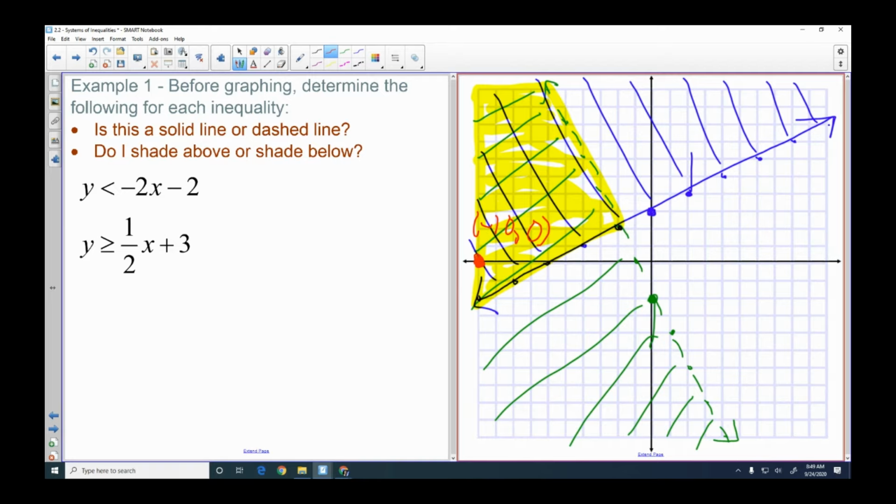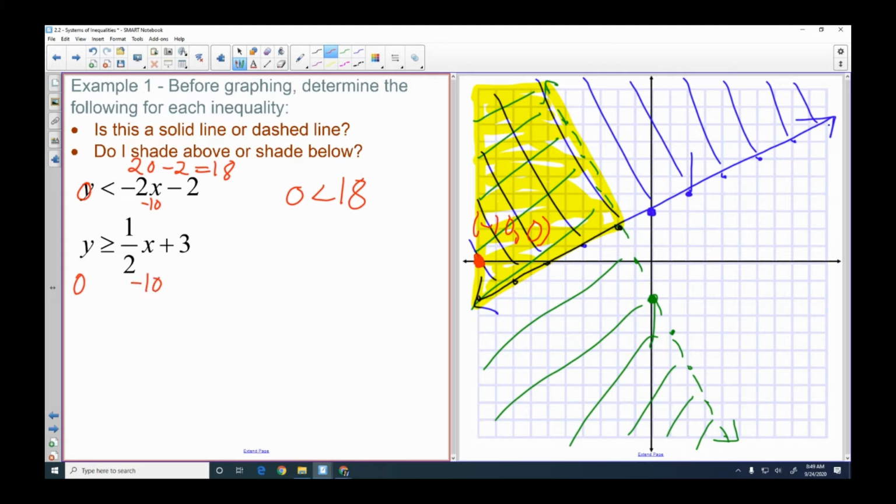Right? So if y is a 0 and x is a -10, this would give me 20 minus 2, which equals 18. Is 0 less than 18, everybody? For sure it is. So it works for that first inequality, that 1 point. Does it work for the second one? Well, y is a 0.